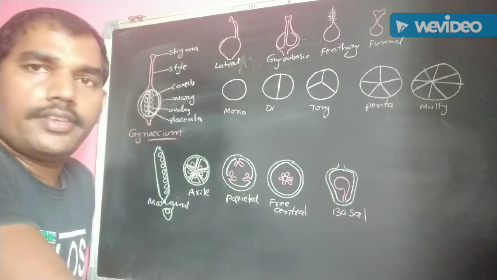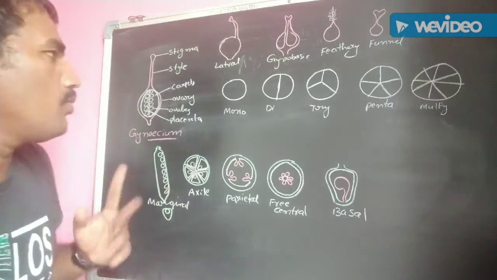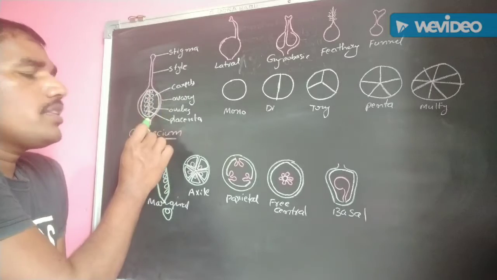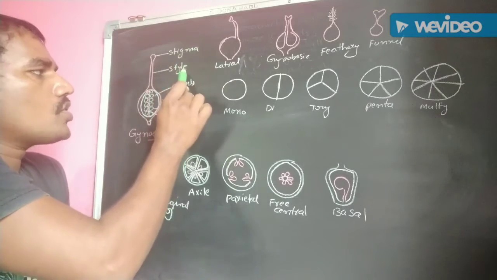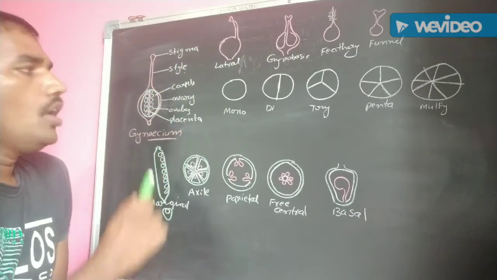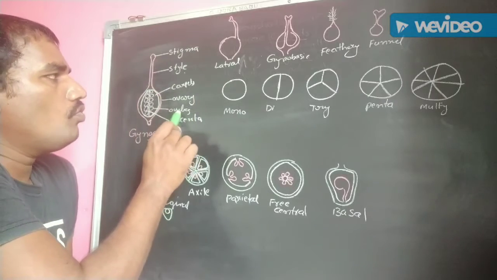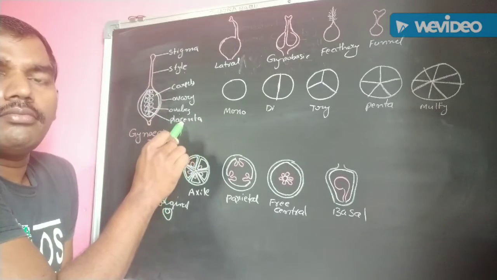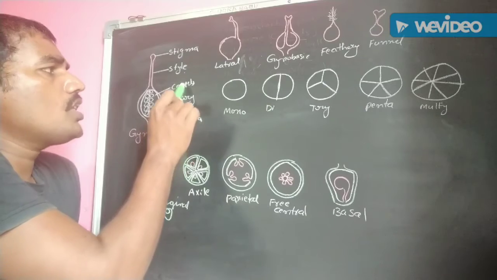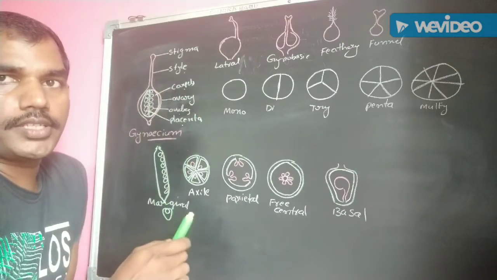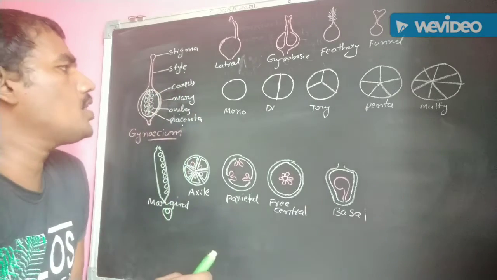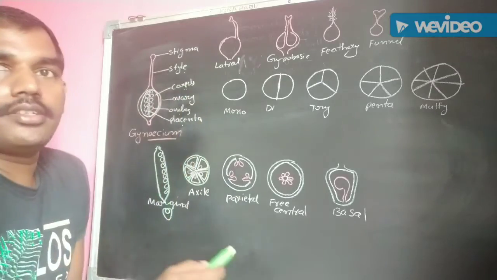Let us see this diagrammatically. The gynoecium is distinguished into stigma, style and ovary. The ovary consists of ovules and placenta, in the smallest chambers called carpels. This means the gynoecium consists of carpels.